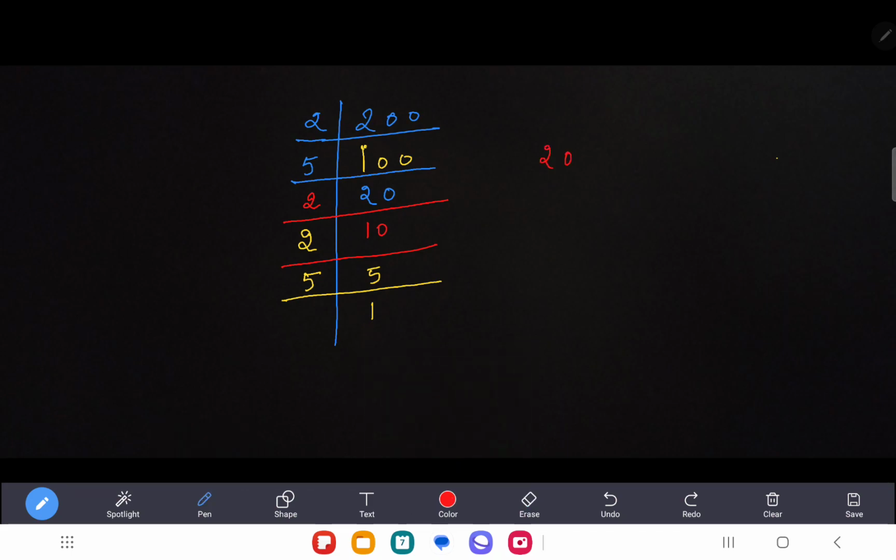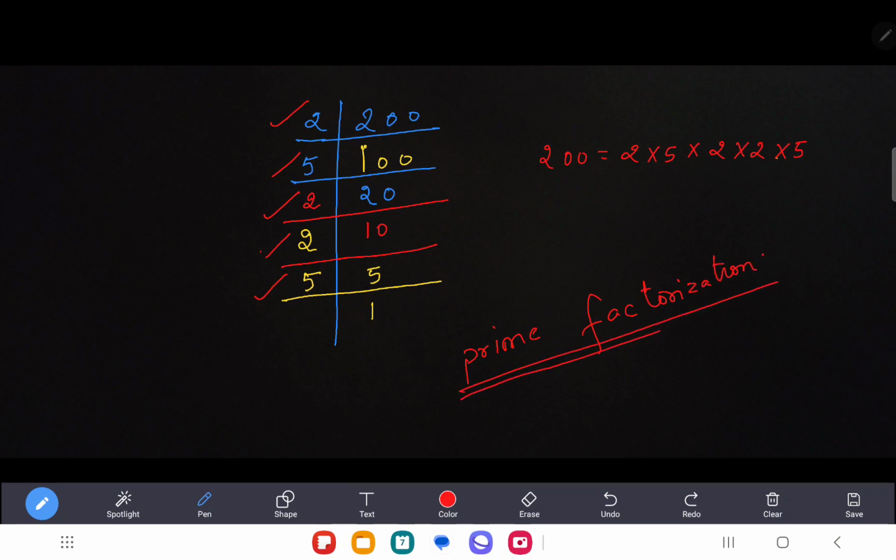So I can write down 200 as 2 into 5 into 2 into 2 into 5. This is called, Adam, prime factorization.